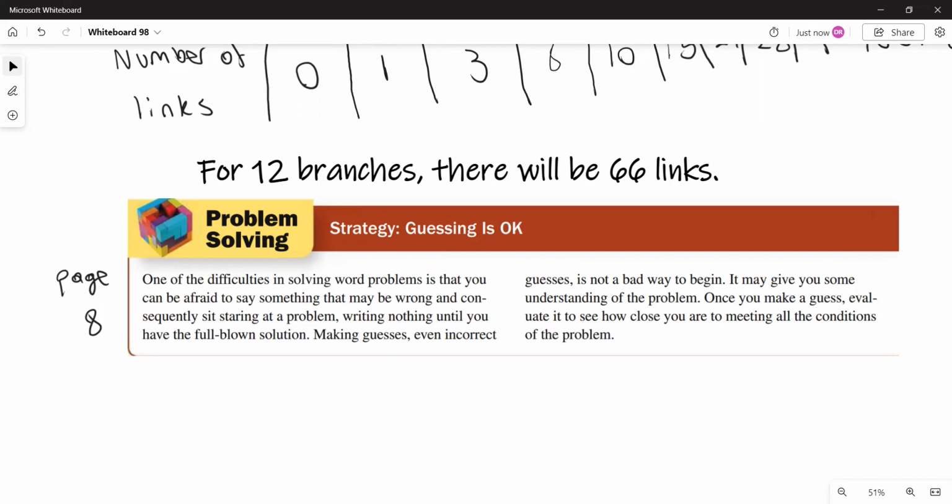So I'm going to do number 58 on page 16.